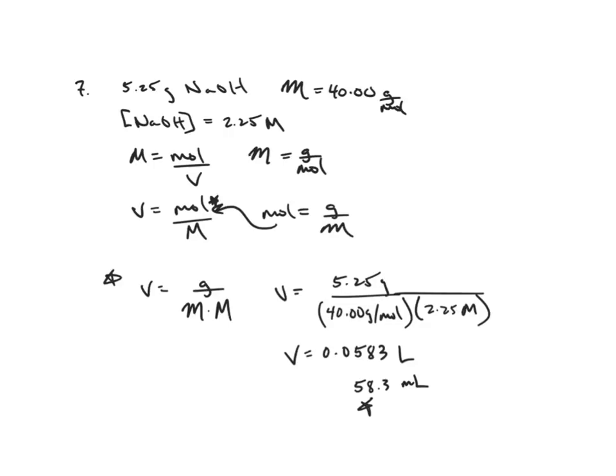Let's go to worksheet 2. Okay, so worksheet 2, let's look at problem 1. So these are dilution problems. Concentrated nitric acid, HNO3, needs to be diluted to produce 225 milliliters of 1.0 molar HNO3.